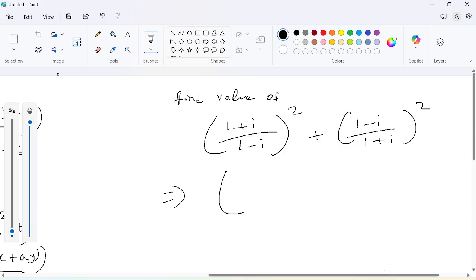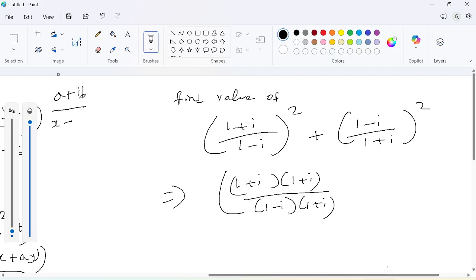So what I will do, first rationalize this: (1 + i) into (1 + i) by (1 - i) into (1 + i). See, if I have a complex number division like this, (a + ib) by (x - iy), always you have to multiply numerator and denominator with x plus iy, because already my original is x minus iy.